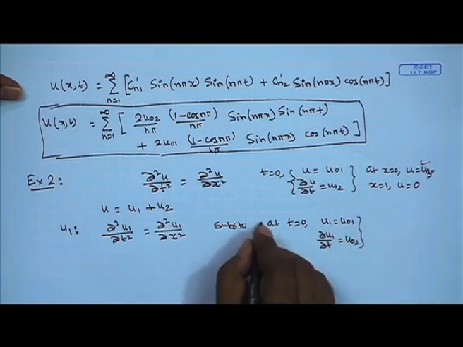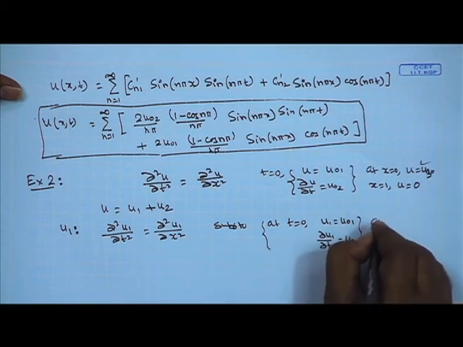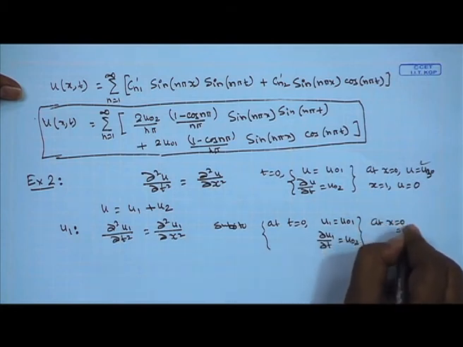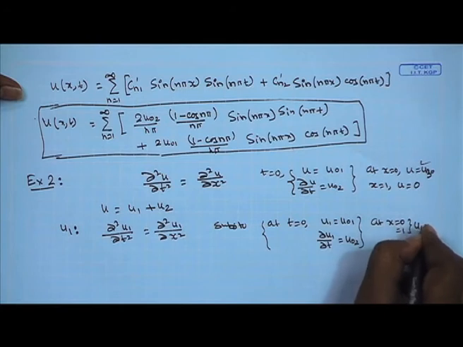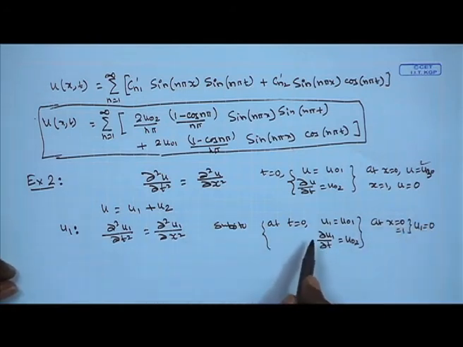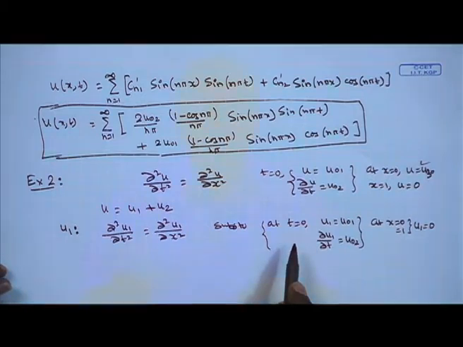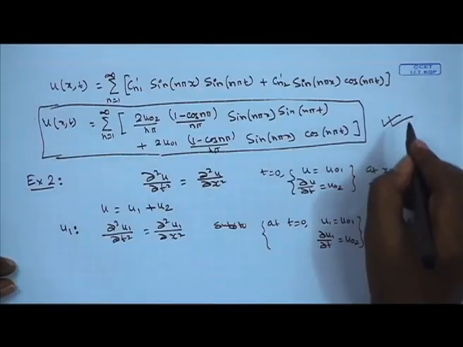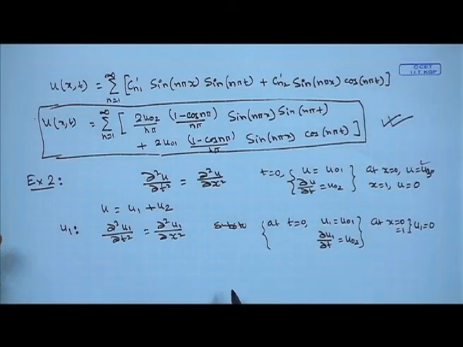Those are the conditions at t equal to 0, and at x is equal to 0 and 1, u1 is equal to 0. So, this is a very well posed problem of the hyperbolic partial differential equation, and we have already seen the solution of this problem. The solution is given by this expression.